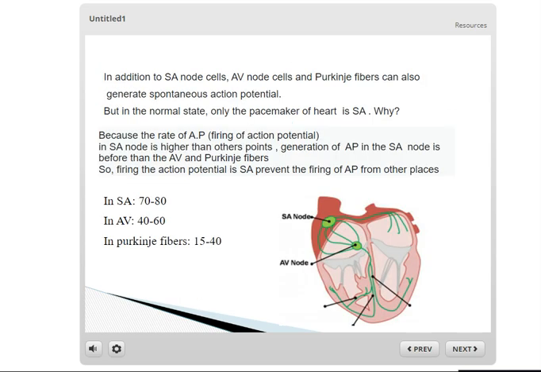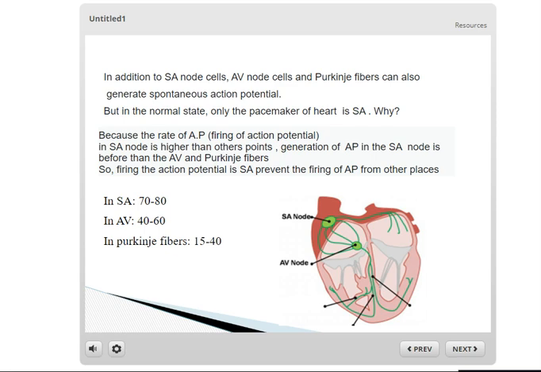The sinoatrial node, atrioventricular node, and Purkinje fibers all have the ability to generate a spontaneous action potential. However, in the normal state, the SA node acts as the primary pacemaker of the heart, and its firing rate is higher than the other pacemaker regions.